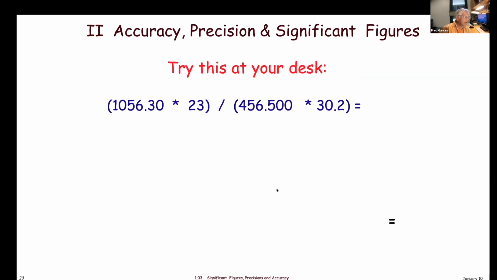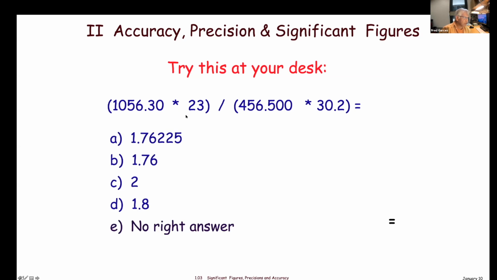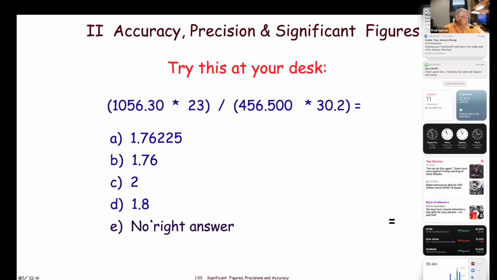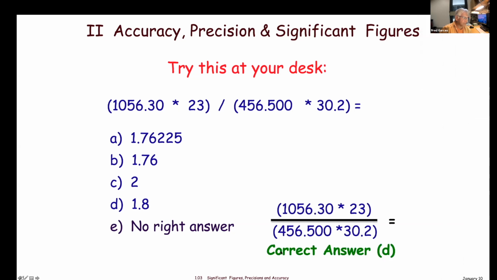Okay, this right here, I can tell you right now, without doing the math, I've got 2 significant figures right here. My answer has got to have 2 significant figures. Which of these have 2 significant figures? It's 1.8. It's either D or E, no right answer.